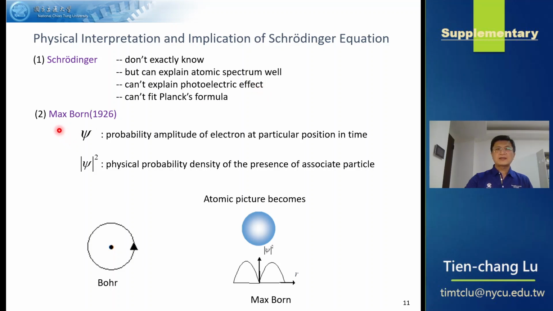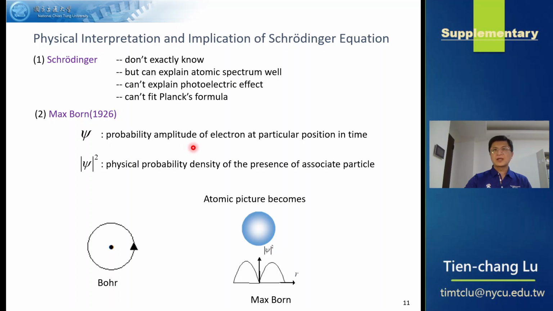Not until Max Born, in 1926, tried to interpret what the wave function is. He regarded the wave function as the probability amplitude of the particle, not limited to electrons, at a particular position and time, because we know that the wave function is a function of position and time. So the wave function is the probability amplitude.